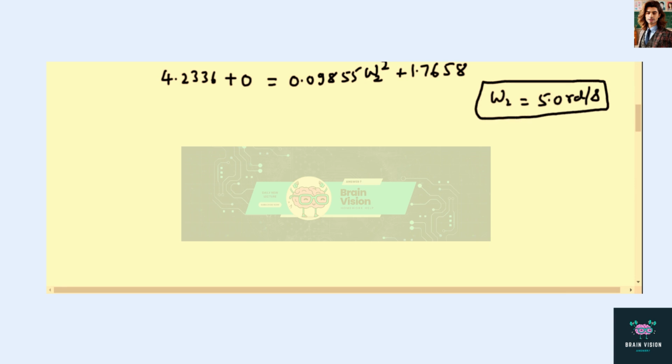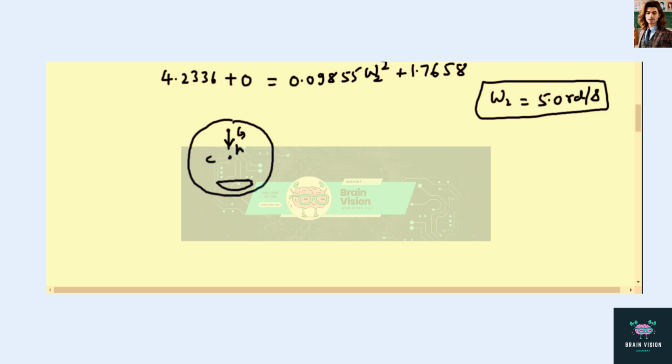Now for part B, we have to draw the free body diagram. This is C. This is the centroid, the center of mass.